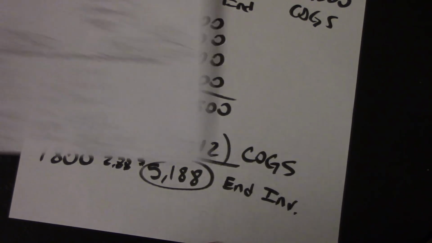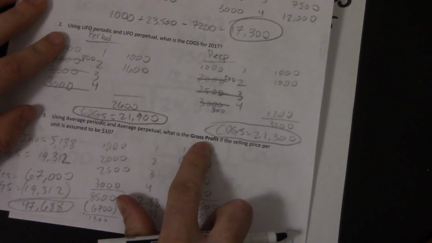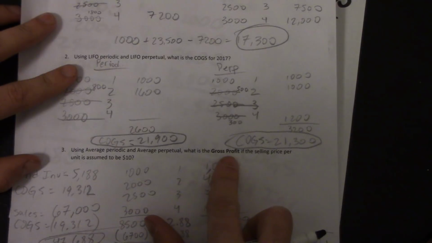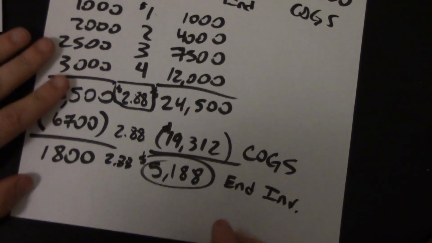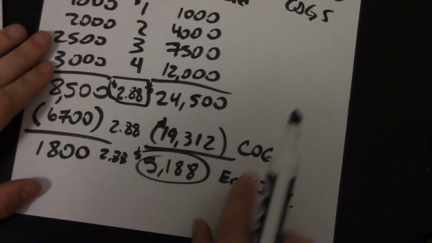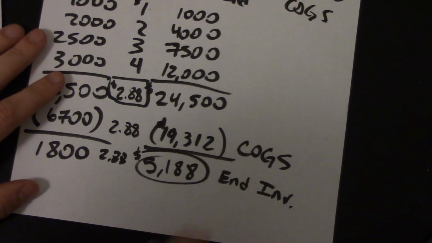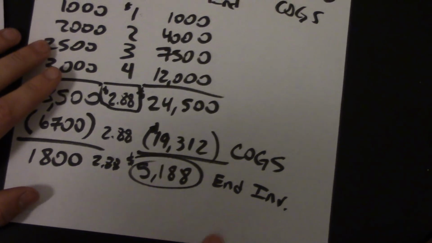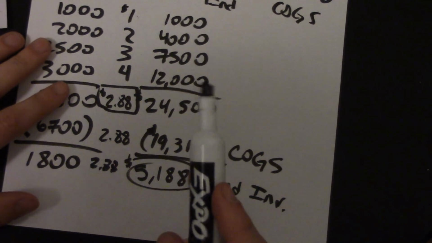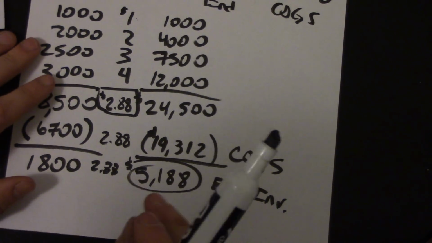The question is asking, what is the gross profit if the selling price per unit is assumed to be $10. So we sold a bunch of inventory, and that inventory cost us $19,000. We're selling them at $10 each.